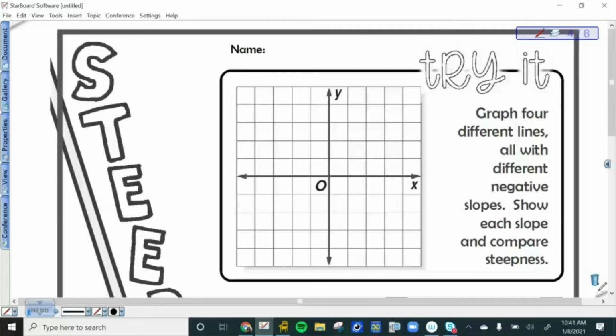So draw 4 lines, all with negative slopes, find the slope of each line, and then think about how they compare to each other. Which one is steeper, which one is less steep? You can work by yourself, or you can work with the people at your table.